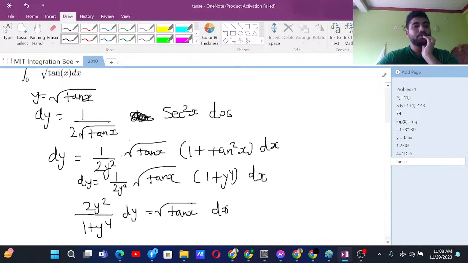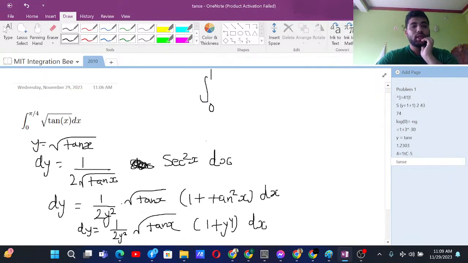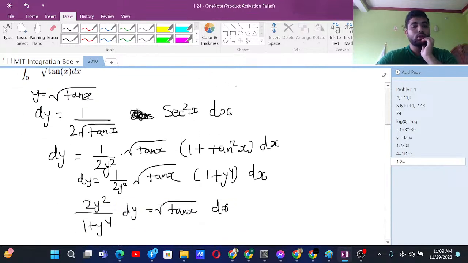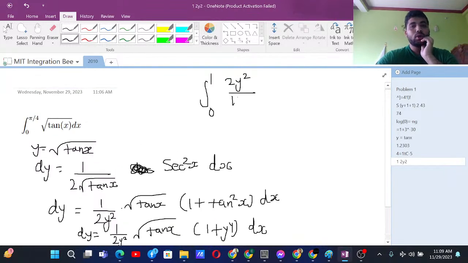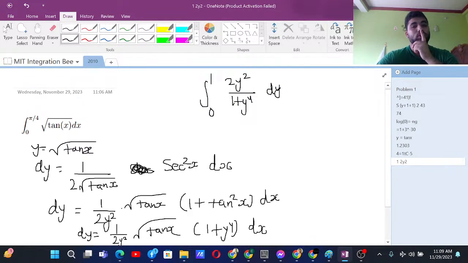So now let me rewrite this problem in terms of y. Tan of 0 is 0, tan of pi by 4 is 1, and root 10x dx is now 2y square by 1 plus y to the power 4 dy. After this, how do we deal with this one?